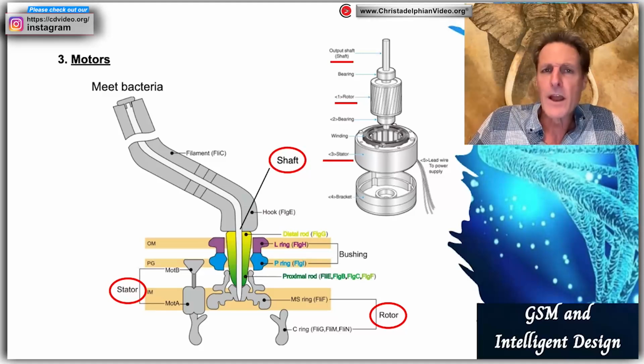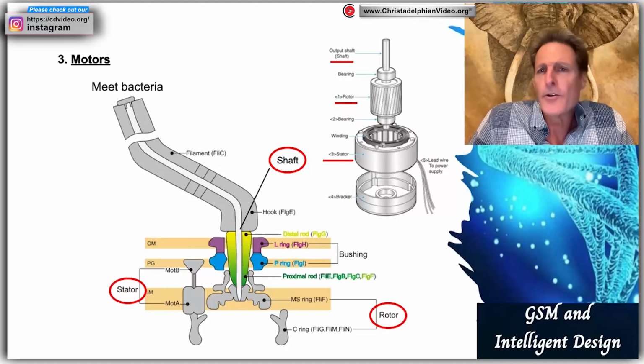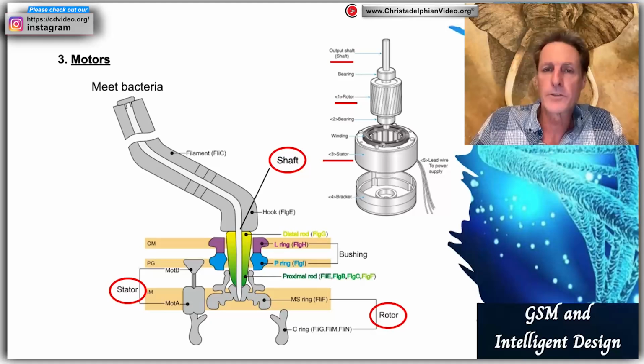But can you think of one problem this little bacteria could potentially have? How does he stop or start his motor? And if you've got any ideas, you might be pondering them at the moment, and I'll give you a clue. How do you control your manual car when you're driving to provide power to your wheels to make it go forward, or remove that power to start the process of slowing down and stopping?